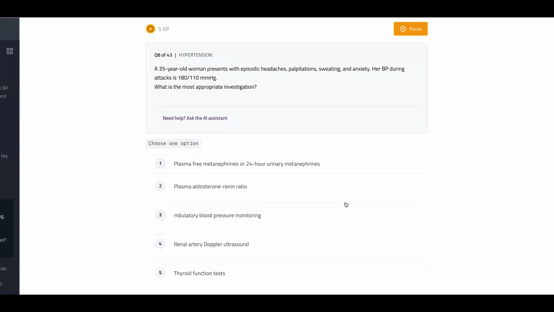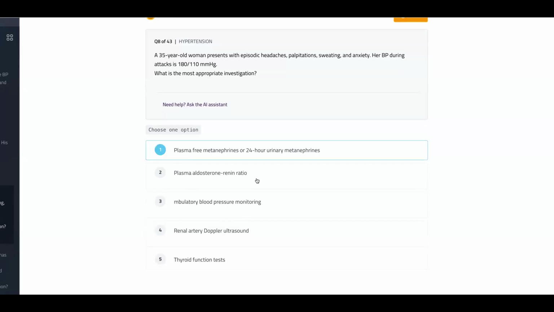This is pheochromocytoma. How to investigate? The appropriate investigation, the most appropriate, is not the initial one. We need the best: plasma-free metanephrines or 24-hour urinary metanephrines. The others: plasma aldosterone renin is for Conn syndrome, ambulatory is not for measurement, renal artery for renal artery stenosis, thyroid for thyroid disease. So this is the correct one.